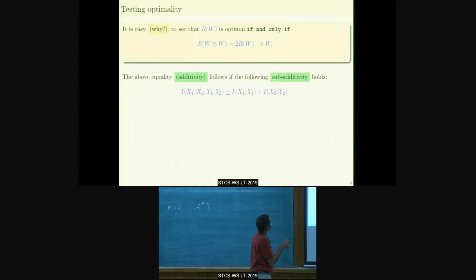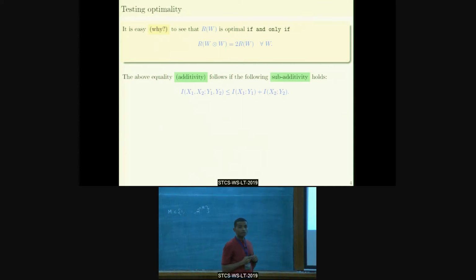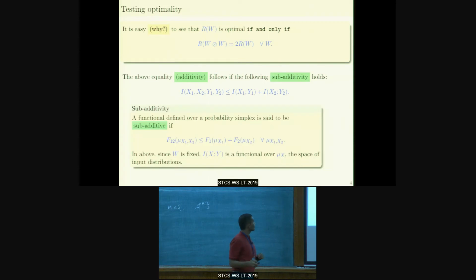So to show this, since R of W is the supremum over all mutual informations, it's enough to check if it will follow if I can show the following subadditivity. What do I mean by subadditivity? In the same sense as what Varun said, you have a joint distribution on x1, x2.